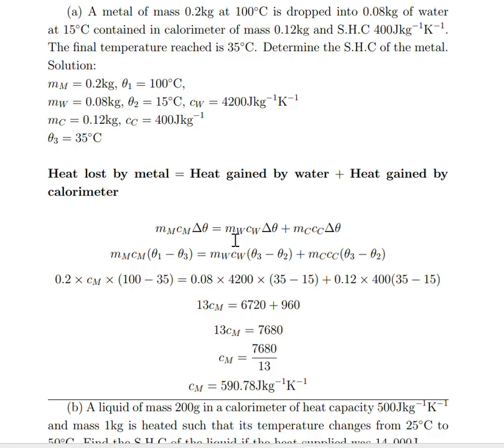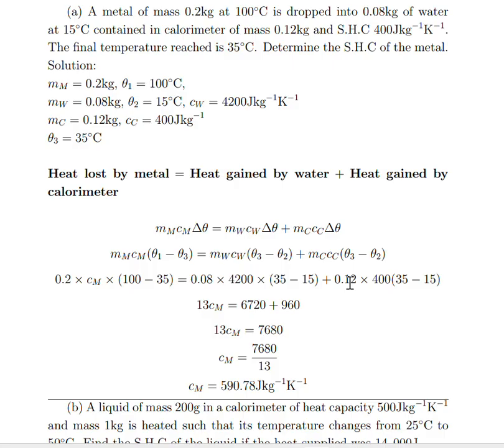Then the mass of water, which was 0.08, and the specific heat capacity of water is a constant. It was not given in the question, but it should come to our knowledge that it is a constant, which is 4,200 joules per kilogram per Kelvin. Then the temperature difference would be the final temperature of the mixture minus its initial temperature, which was 15.